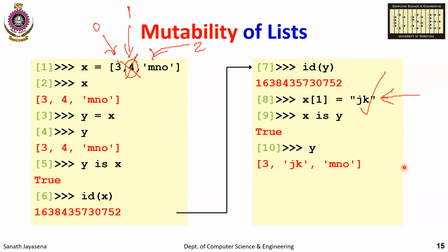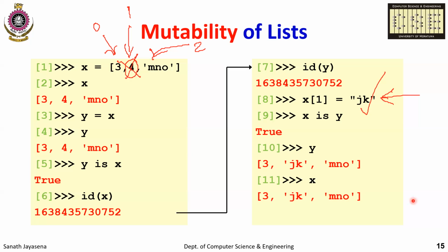Python allows us to change the individual elements of a list. So it didn't simply go and create a new object. Only the existing object's value got changed, and Y still refers to the same thing. Therefore, when you say Y, it gives the modified value.